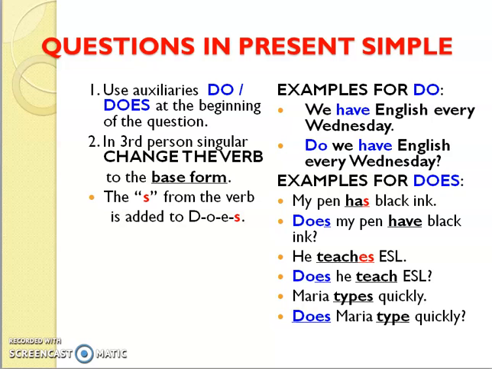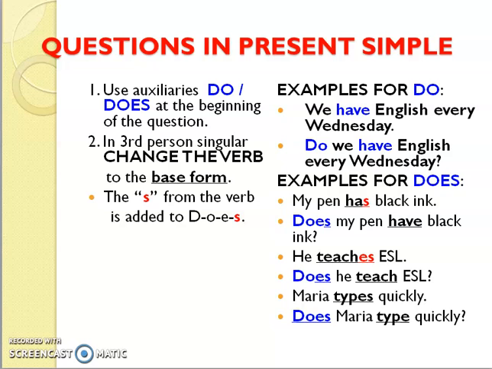Maria types quickly. Pay attention. Here again we added the suffix s to the stem of the main verb, and it became types, as the subject of the sentence is in the third person singular.